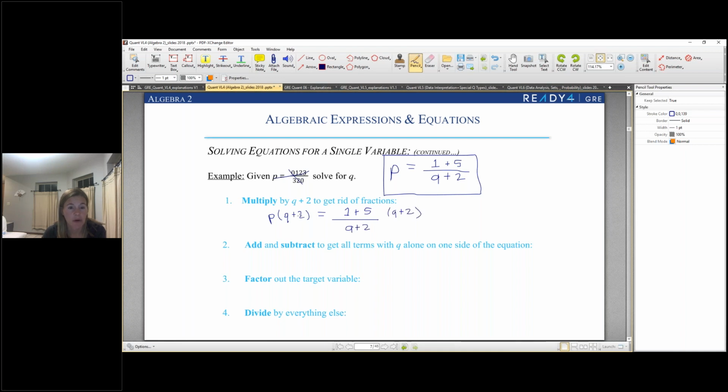We've just multiplied both sides by Q plus 2. We can do that as long as we do it to both sides. These Q plus 2's cancel each other, right? Okay. So what are we left with now? We're left with P times Q plus 2 is equal to 1 plus 5.